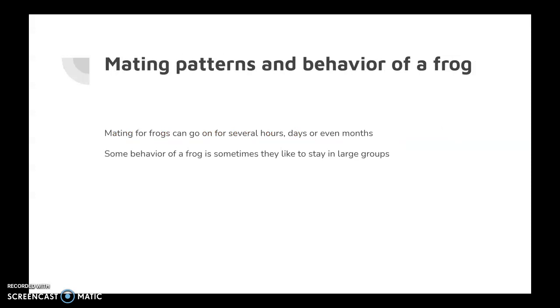Mating patterns and behavior of a frog. Mating for frogs can go on for several hours, days, or even months. Some behavior of a frog is that they like to stay in large groups. For frogs, the male frog clasps the female in an embrace, which is called amplexus.